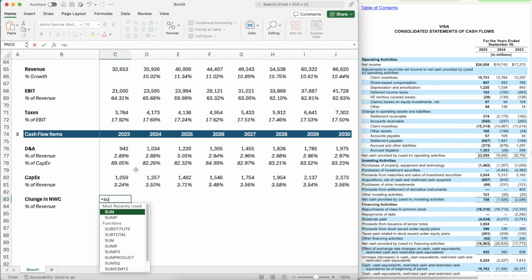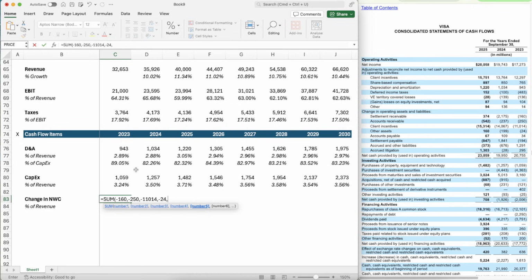Equals sum minus 160, minus 250, minus 11,014, minus 24, plus 34, minus 194, 1291, 295.